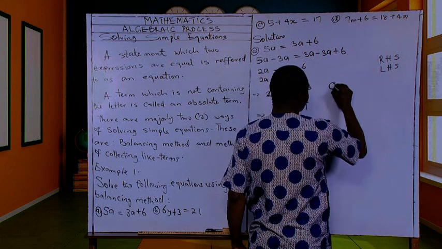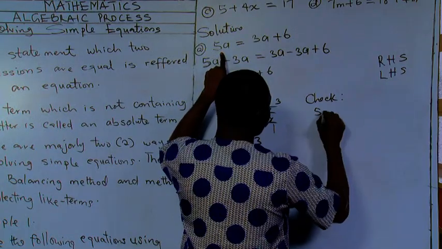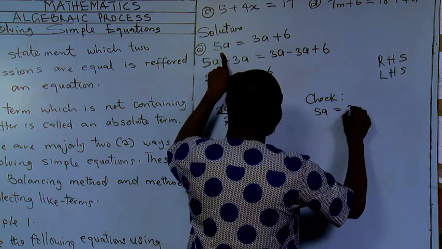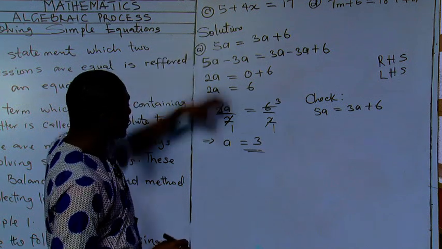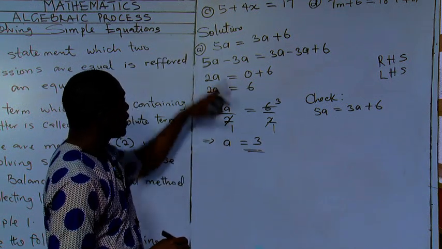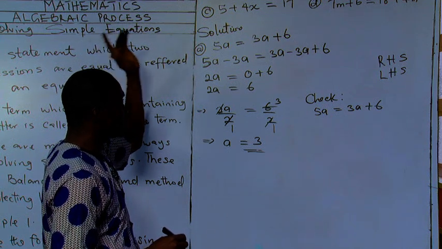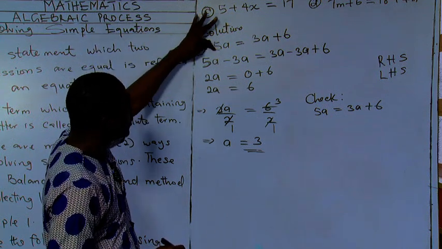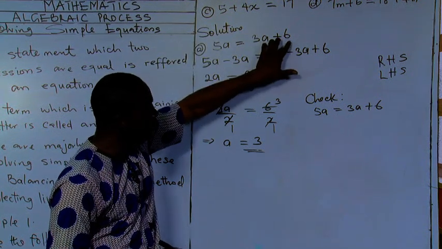Check. We have 5a equals 3a plus 6. Since we have known the value of a, we substitute, as we have done substitution in one of the last episodes. Whatever result we have here is going to be the same as what we have here.